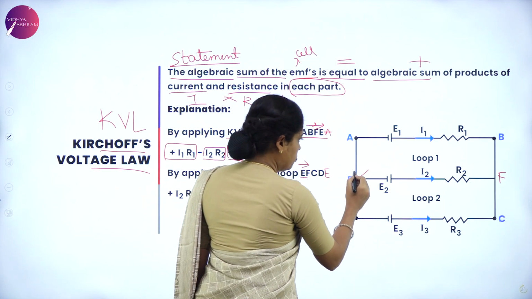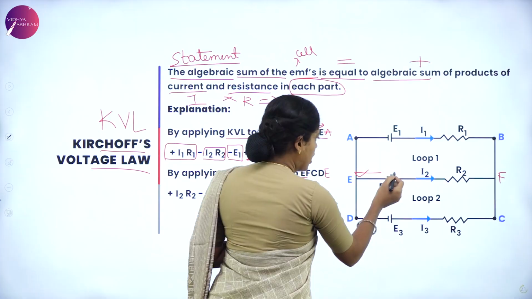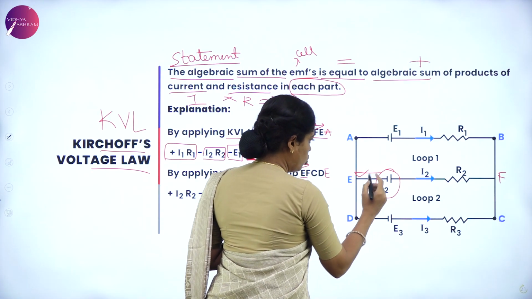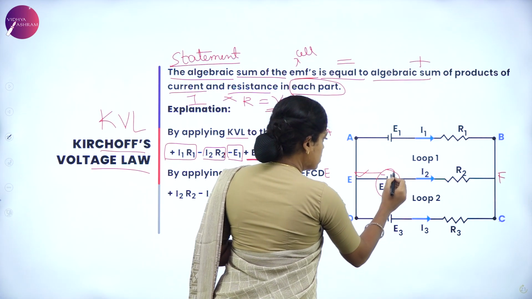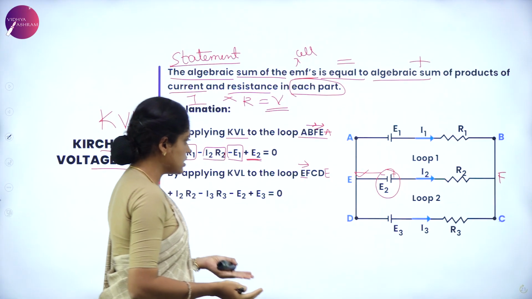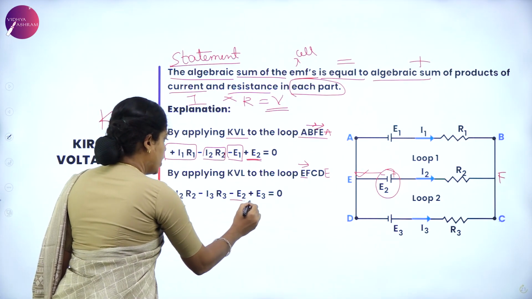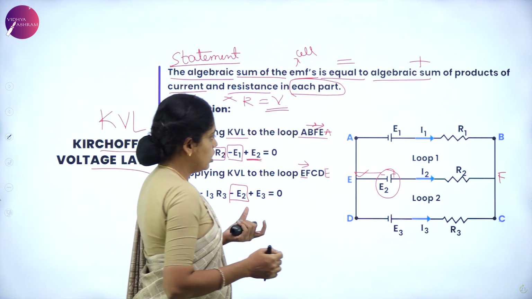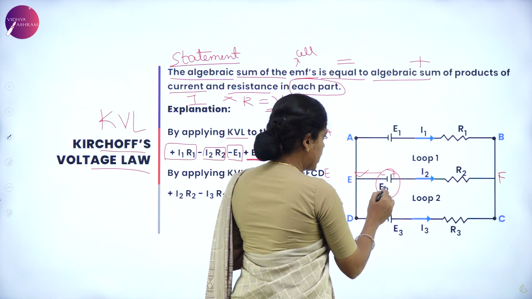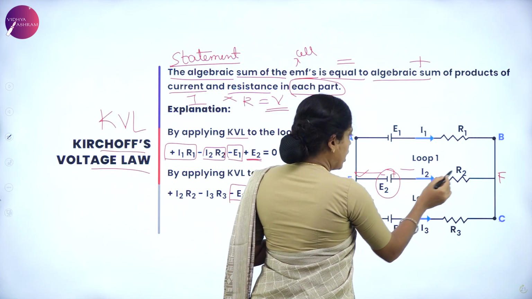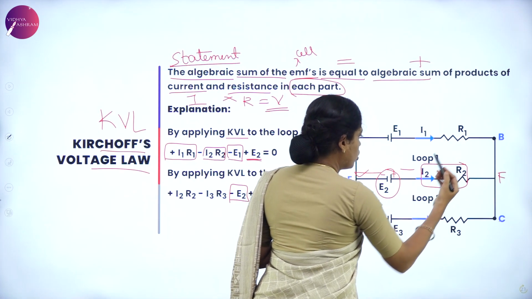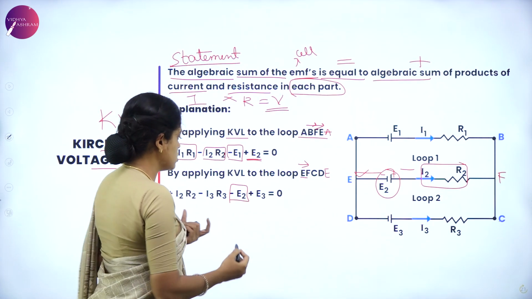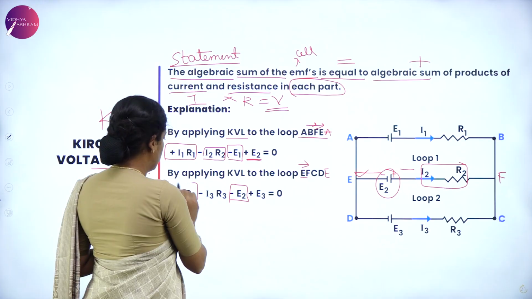So in between E and F, I have the second cell E2, whose sign convention is negative. Why? Because the first sign I reach here is negative. Then from the second cell, we have a resistor R2 across which the potential is I2 R2.